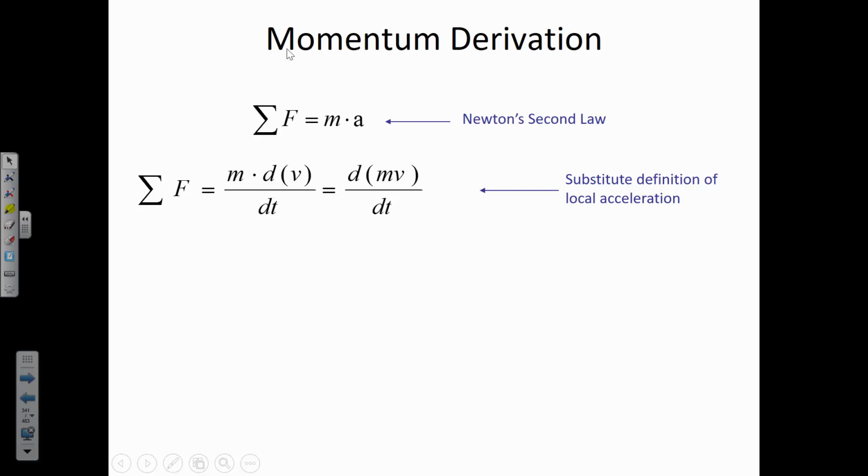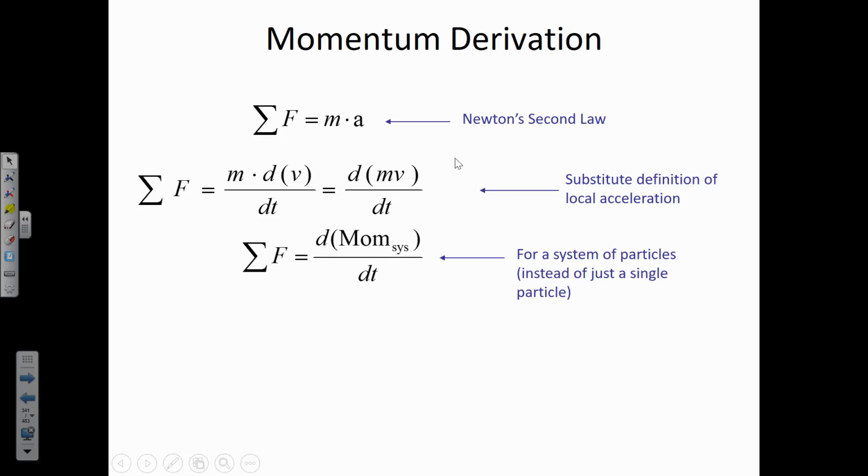Now, we can move the mass term inside of this derivative, and when we have m times v, that's the definition of momentum we're going to use. Momentum is some mass multiplied by the velocity that it's experiencing.